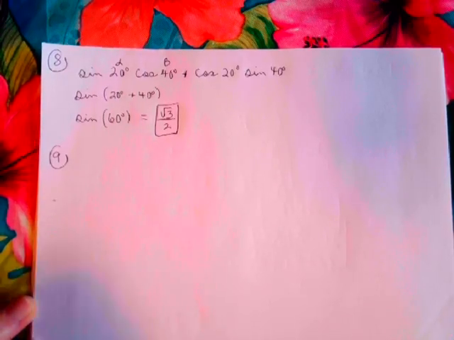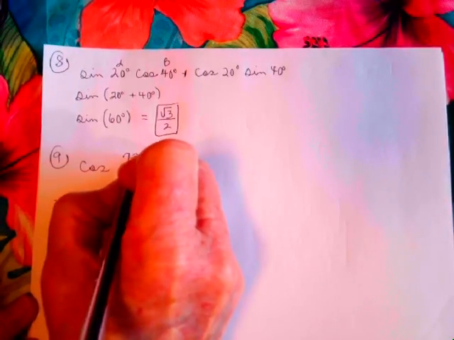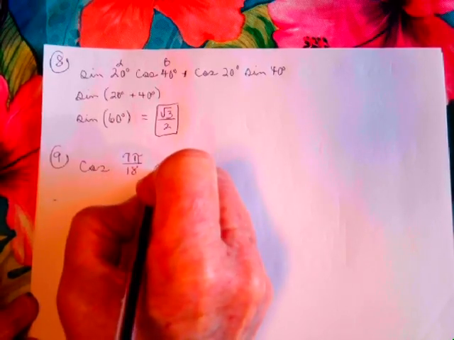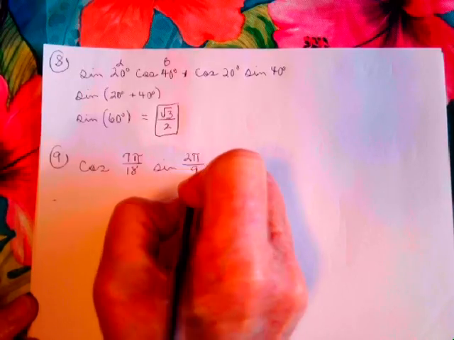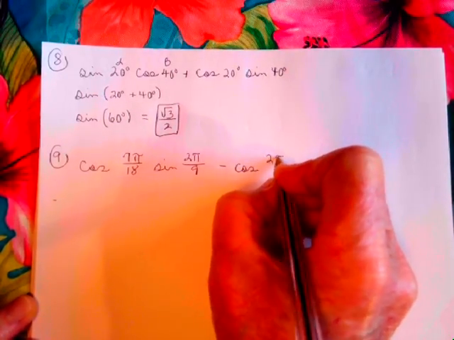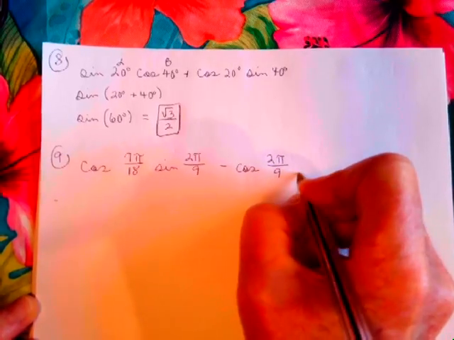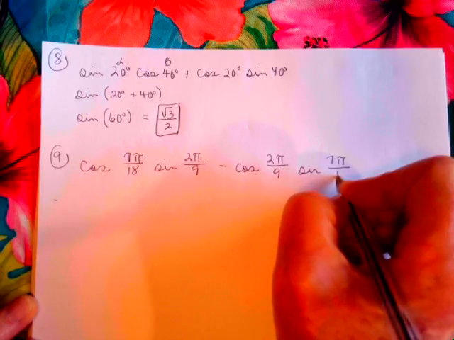Number 9. The cosine of 7 pi over 18 times the sine of 2 pi over 9 minus the cosine of 2 pi over 9 times the sine of 7 pi over 18.